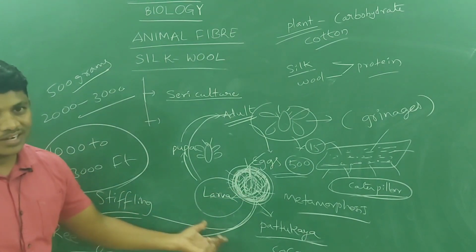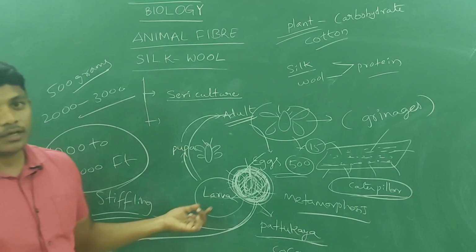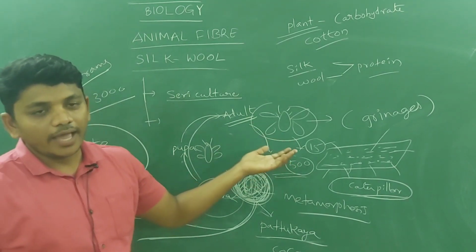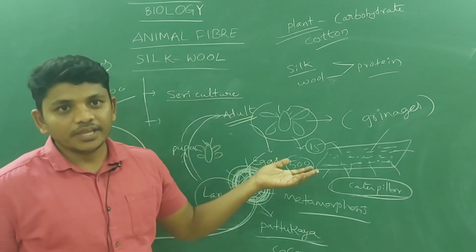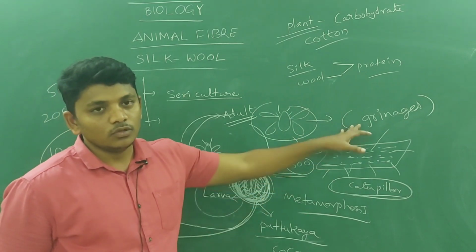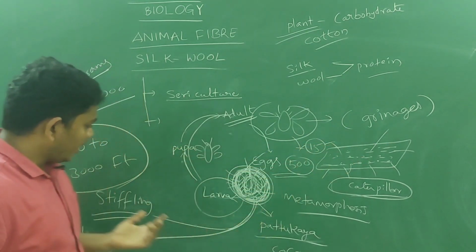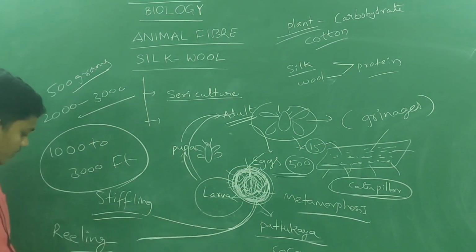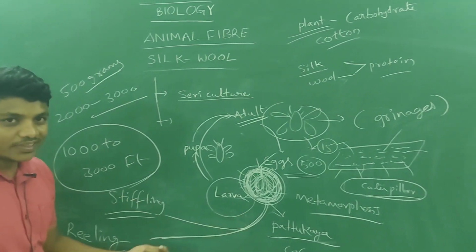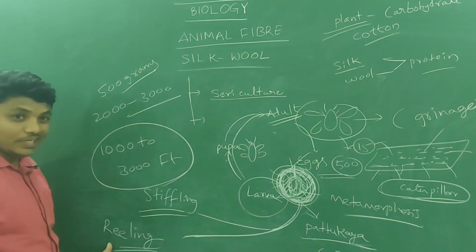Boiling of cocoon is called stifling, and the centers where eggs are usually sold are called grainage. So egg selling center is grainage, boiling of cocoon is stifling, and taking of threads from the cocoon is called reeling.